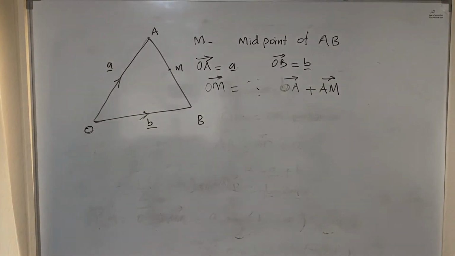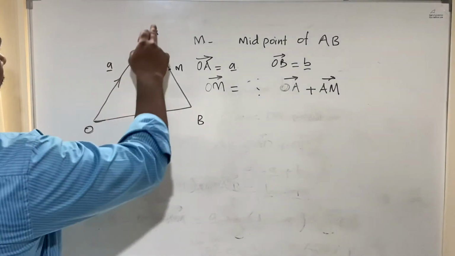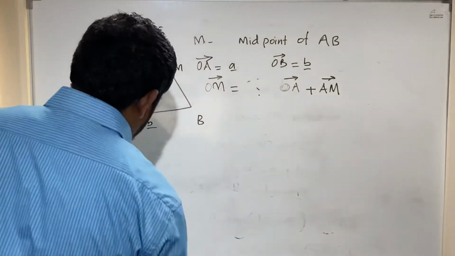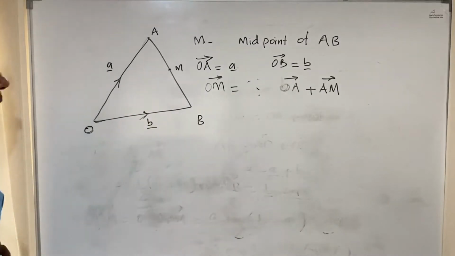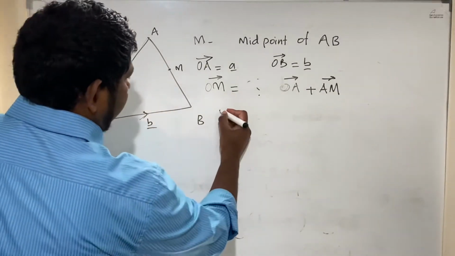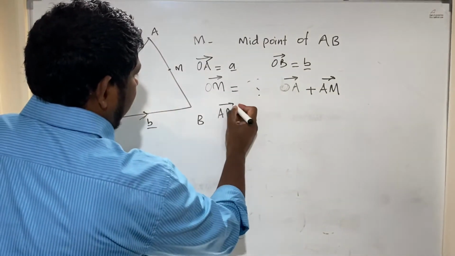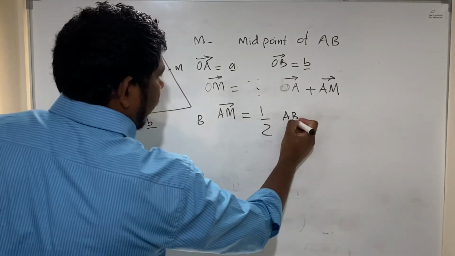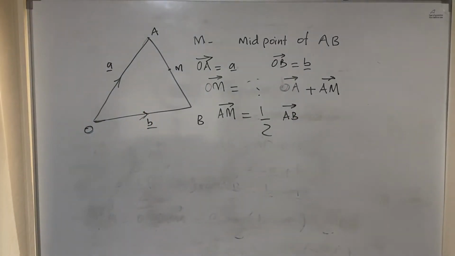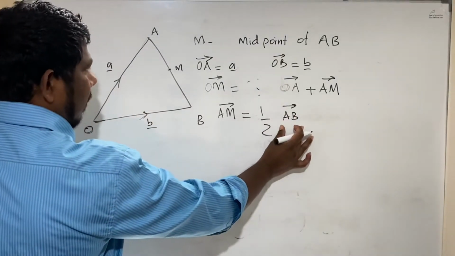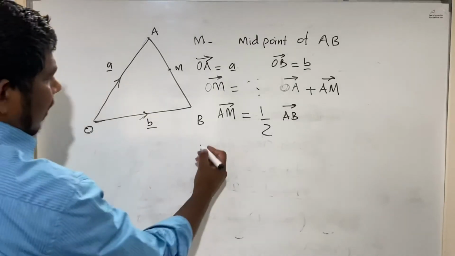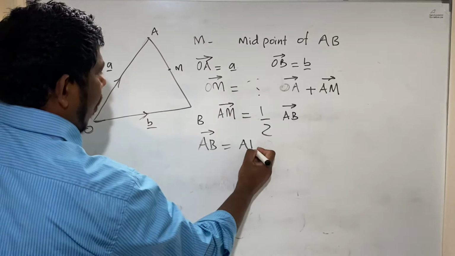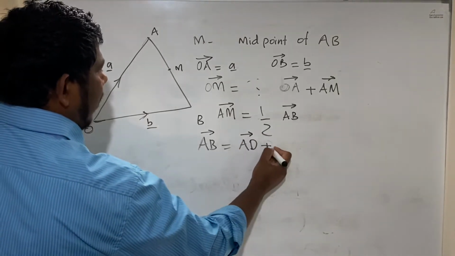And now we know from O to A is vector A, and A to M we don't know. But we know M is a midpoint, so vector A to M is half of vector A to B. So we need to find what is the vector AB. Therefore, we can find the vector AB is vector AO plus vector OB.